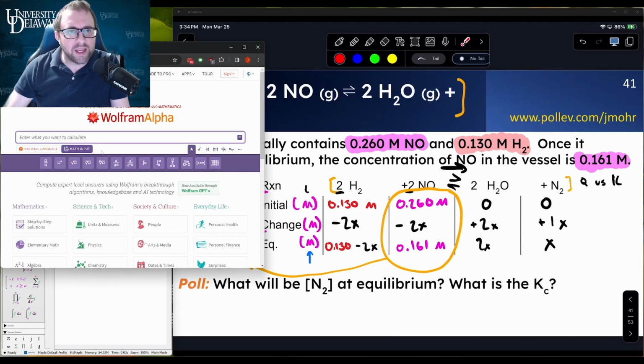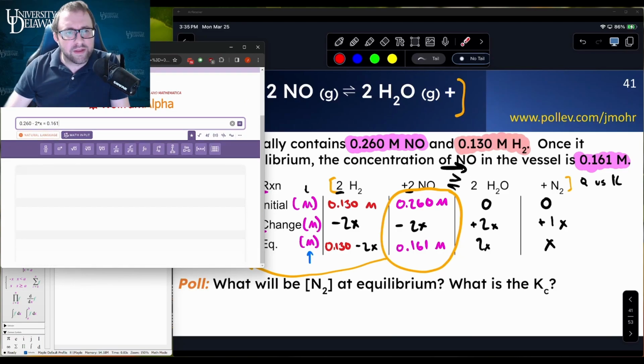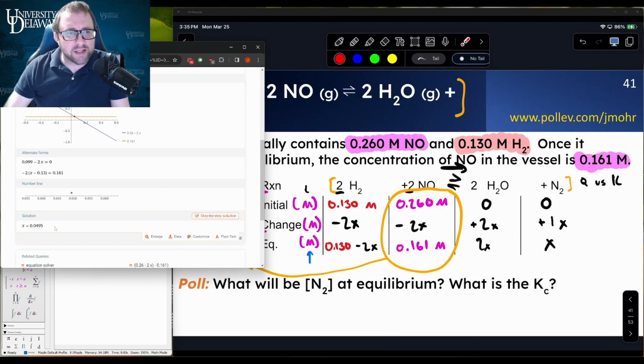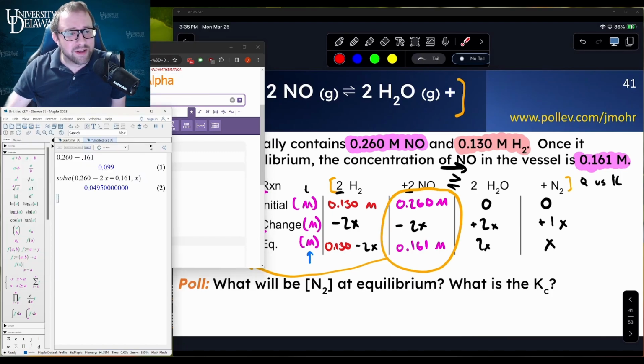If I were to do this in Wolfram, I could just type in that, and Wolfram will tell me that x is 0.0495. Note that Wolfram here is hedging its bet. It's saying it's approximately 0.0495 because Wolfram likes to solve these graphically, so it just approximates your answer. Maple here doesn't do that, but they're going to give you the same answer every time.